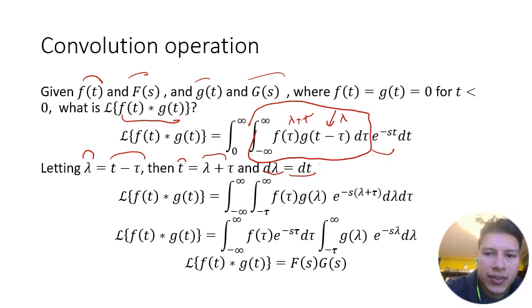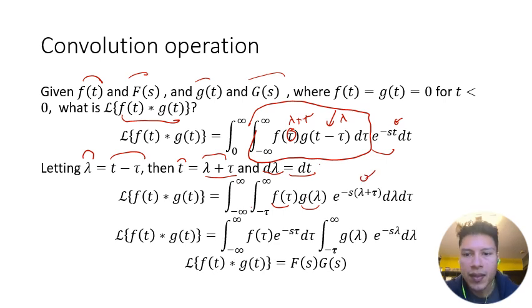Actually, we can just leave the tau alone. So now what we're going to have here is f of tau, g of lambda, and then this t we can replace with lambda plus tau. And so we can replace this with e to the negative s lambda times e to the negative s tau.